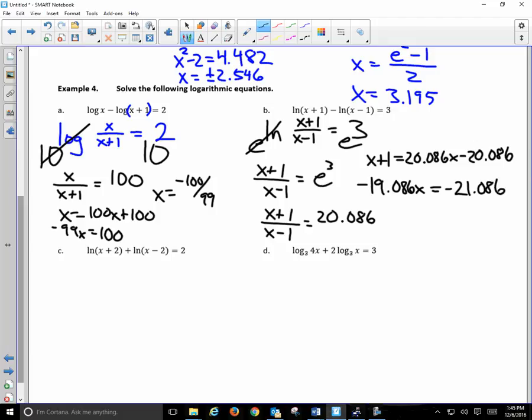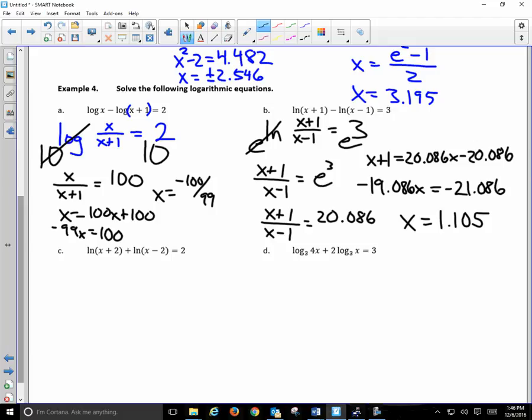We divide the two and we get x is equal to 1.105.